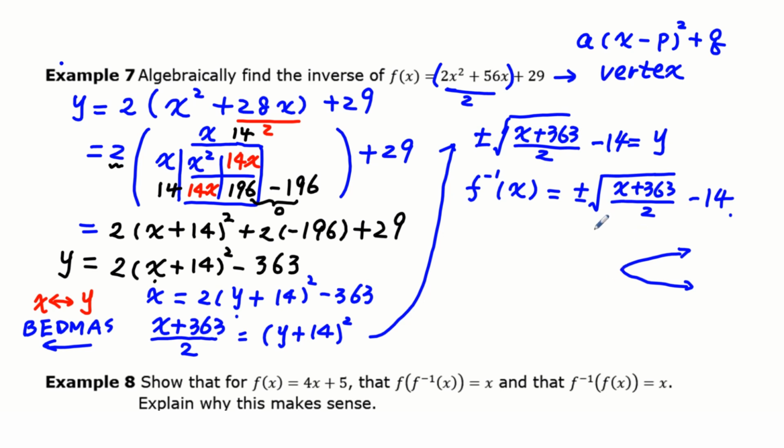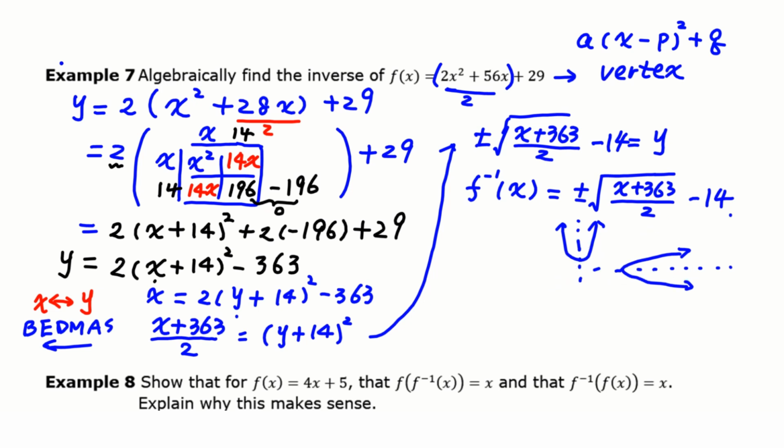And to be able to have it as a function, you could restrict the domain of f of x, for example to the left side of the vertex. Then you will have only half of the branch, half of this graph, and when reflected you will have the function.